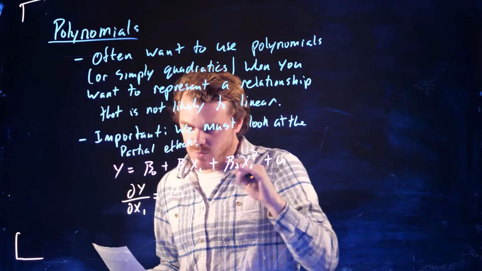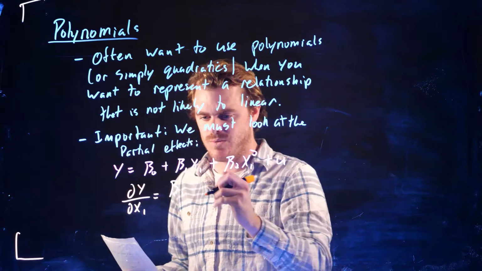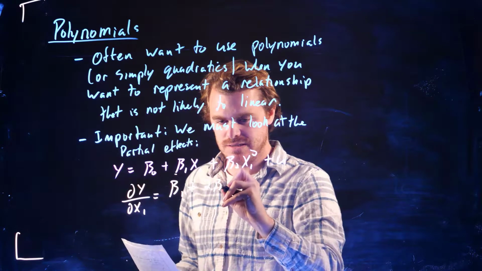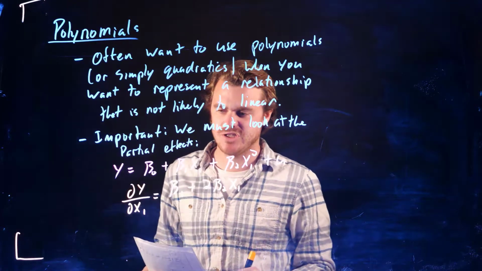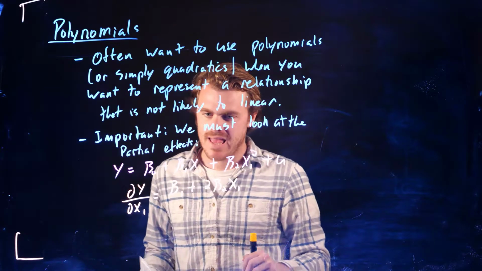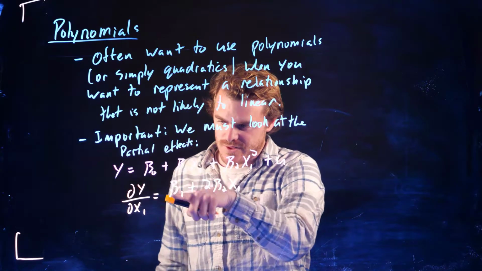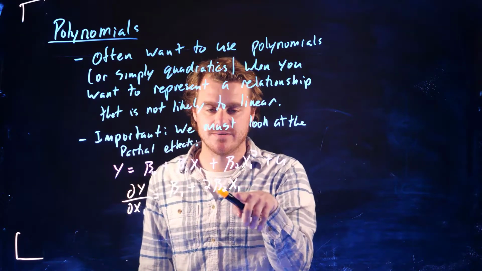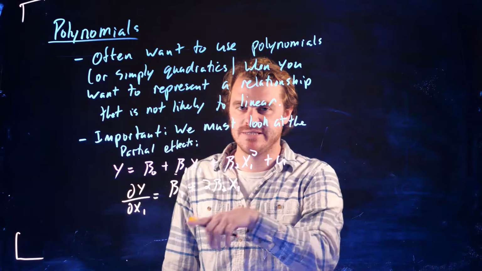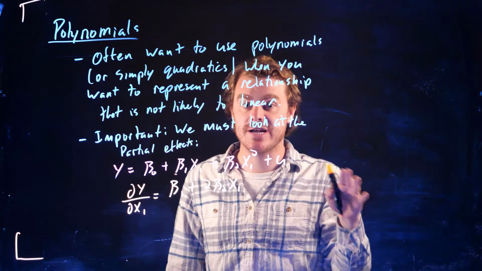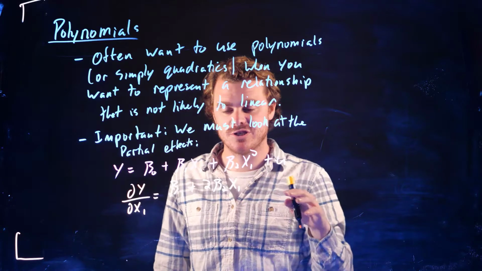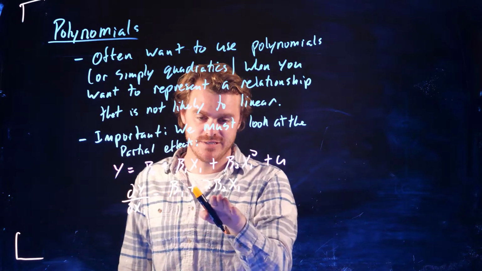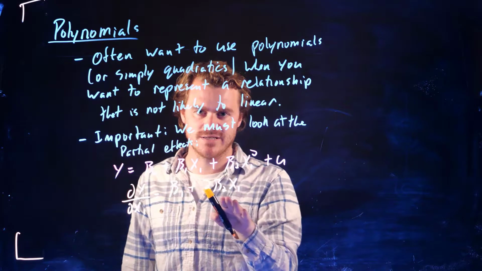And so a marginal change in x1 now is causing a beta 1 plus 2 times beta 2 x1 change in y. And so the marginal effect of changing x1 now depends on the level of x1. So let's think about different shapes that this relationship between x1 and y could have based on different signs of these beta 1 and beta 2.